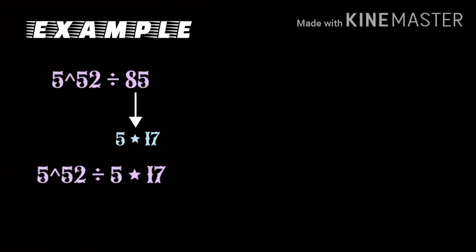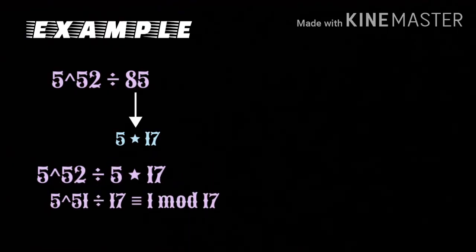We can cancel 5. So we now have 5 raised to 51 divided by 17 is congruent to 1 mod 17. To solve this problem, we need to divide 51 by 16. So we have a remainder of 3.